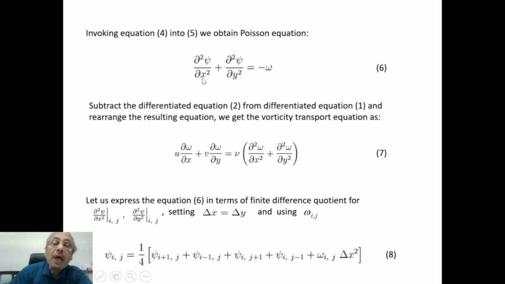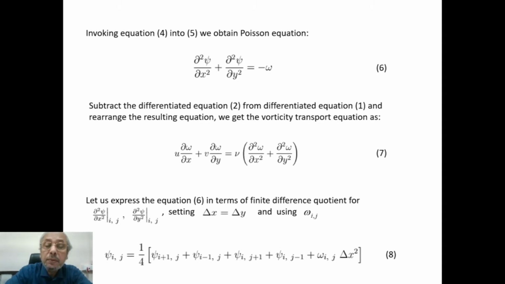So del 2 psi del x2 plus del 2 psi del y2 equal to omega. This is our equation 6, Poisson's equation in stream function. And equation 7 we have very elaborately discussed, that is the vorticity transport equation. So equation 6 and equation 7 are the equations of interest for the solution we are going to discuss.